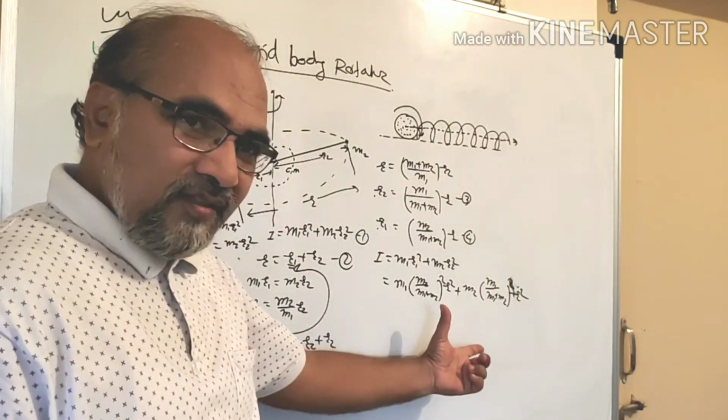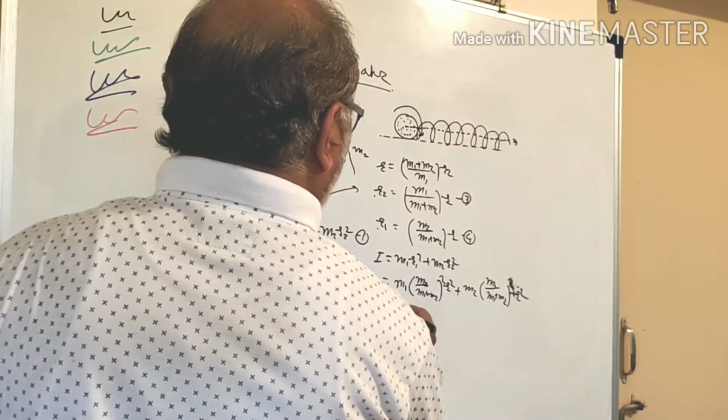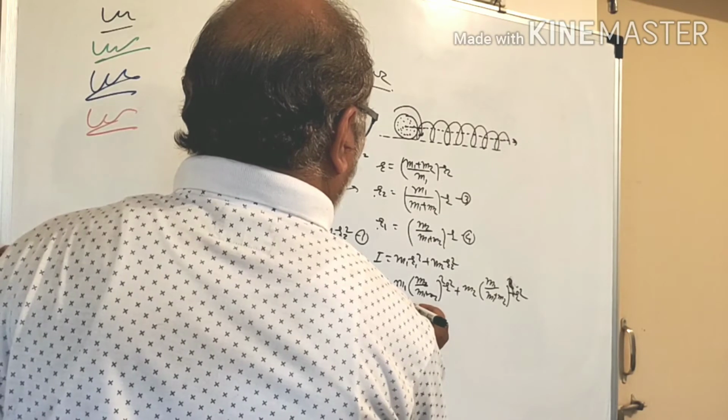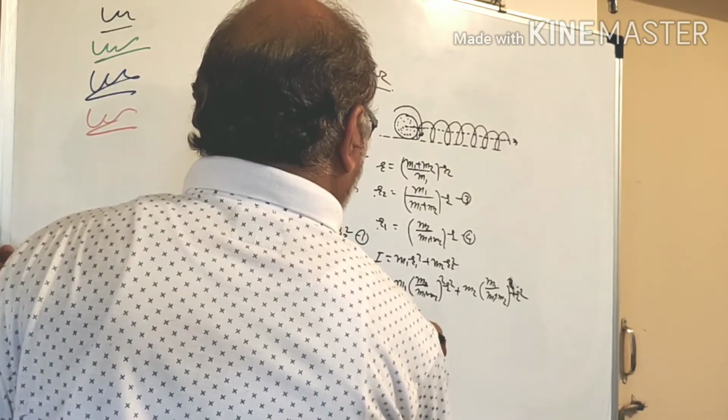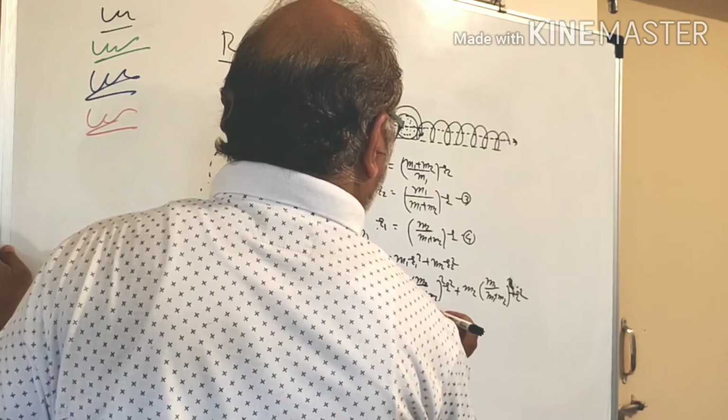So the moment of inertia is m1 m2 divided by m1 plus m2 into r square.